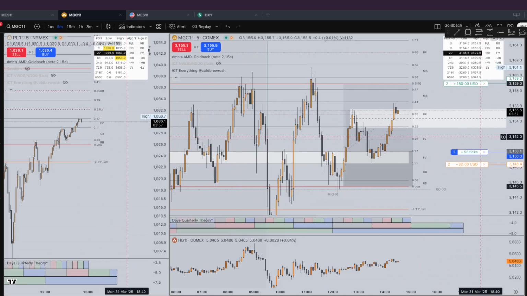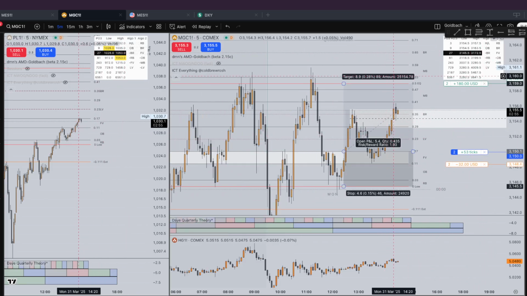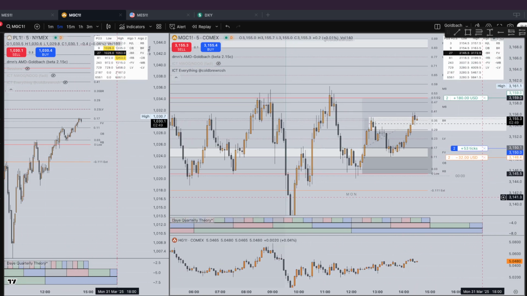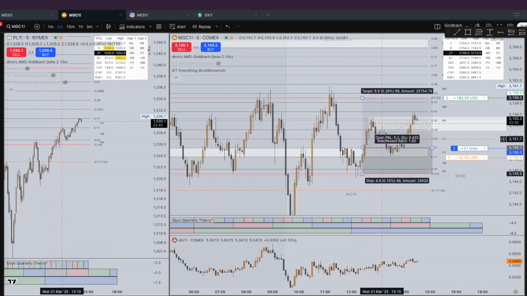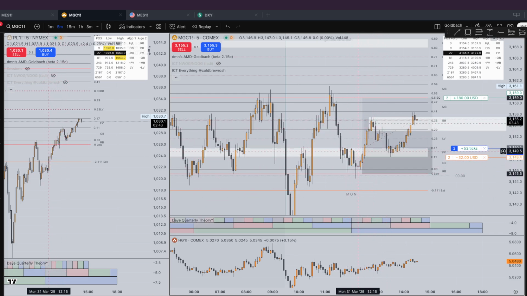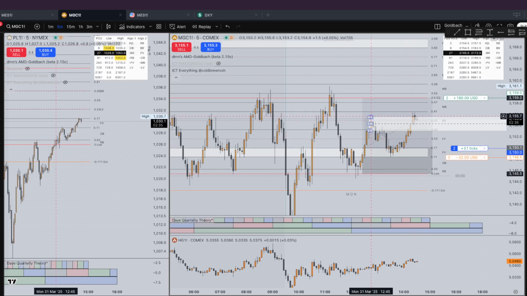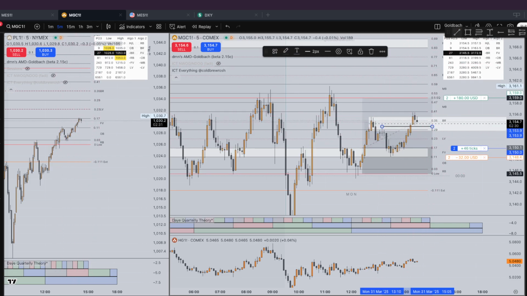But yeah, these are the runs you should see from fair value. Book, book, book, fast. For that, it's very important that you get that 5 minute structure shift. Then either from breaker or directly if it's going from that fair value, just cover the low. Once it has closed above, let's say, this swing point and this swing point, then I can trail it.